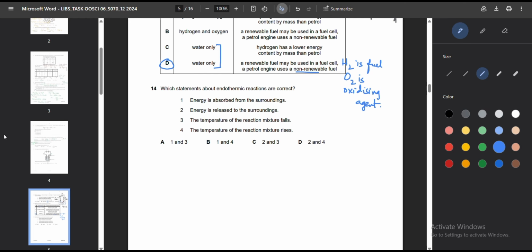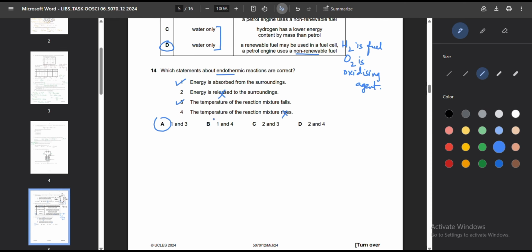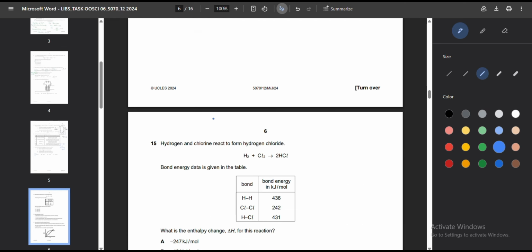That makes option A the correct one, because in it, one is that energy is absorbed from the surroundings. In an endothermic reaction, energy is always absorbed, it is not released. And the third one is that the temperature of the reaction mixture falls. It does not rise. So 1 and 3 are the correct answer, so option A is the correct one.